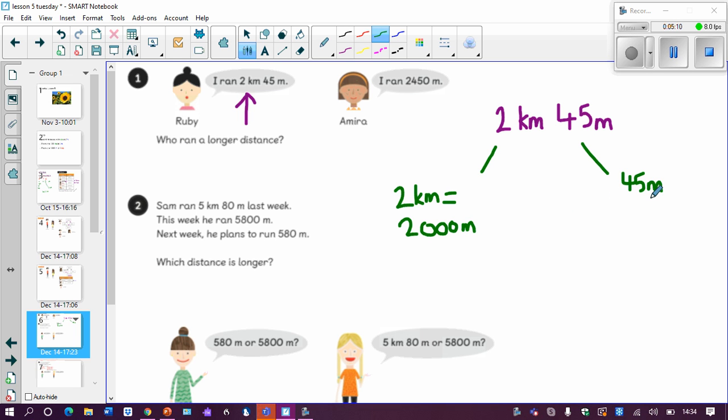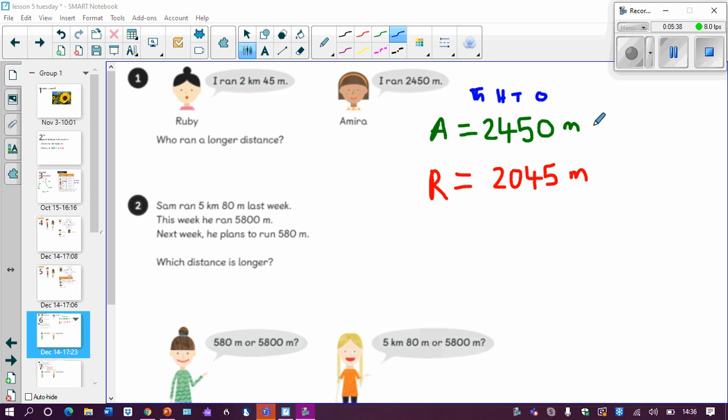Now these are both in metres, I can add them together. I've added them together, 2,000 metres and 45 metres, to find out that Ruby ran 2,045 metres. Now these are both the same measurement, I can compare the two lengths and find out who ran the longer distance.